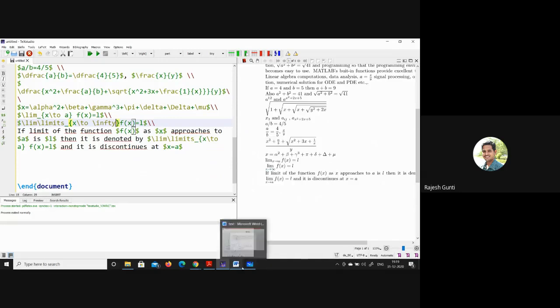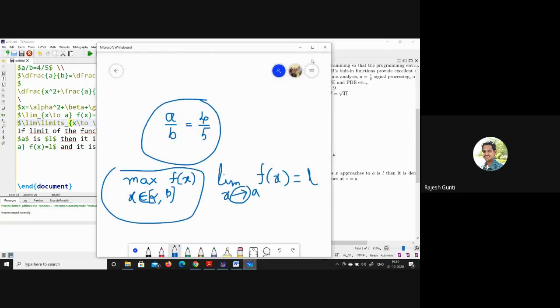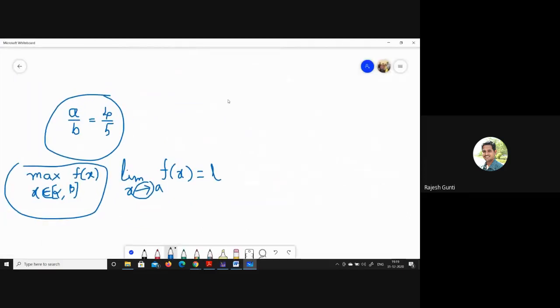Suppose I want to get a symbol like this: f dash x is equal to, f dash a, f dash x, I declare that.